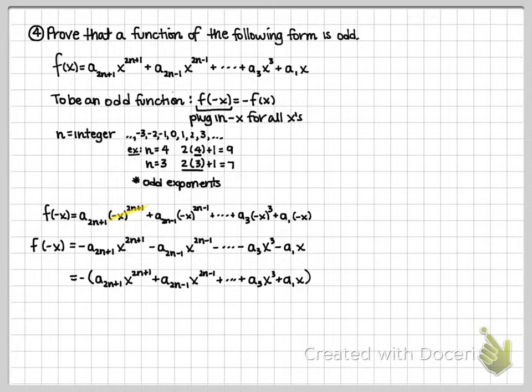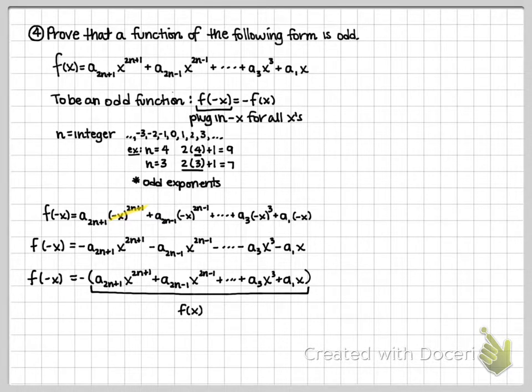After I've done that, now I see how this compares to the original f of x function. Well, all of this in here was the original f of x function. So that's f of x.